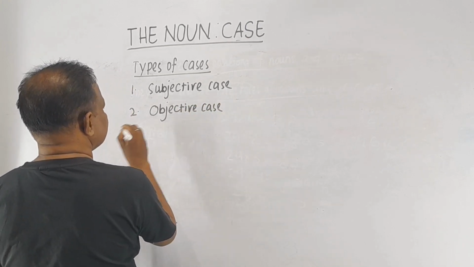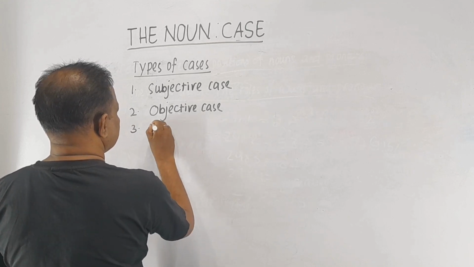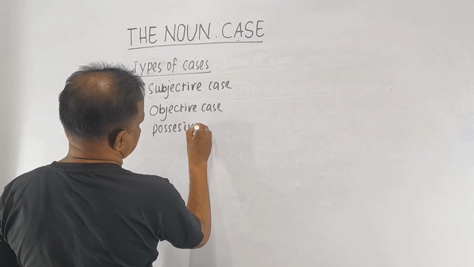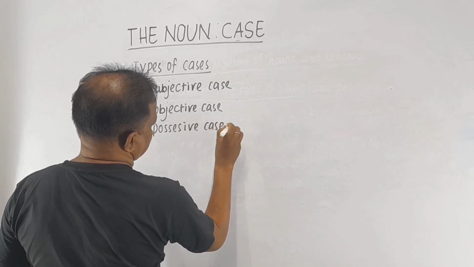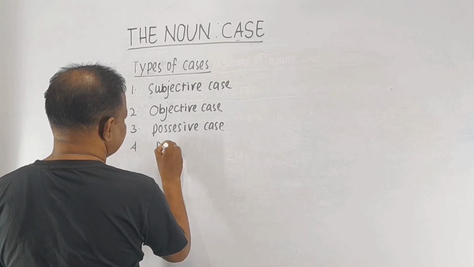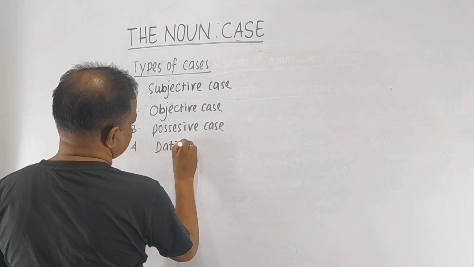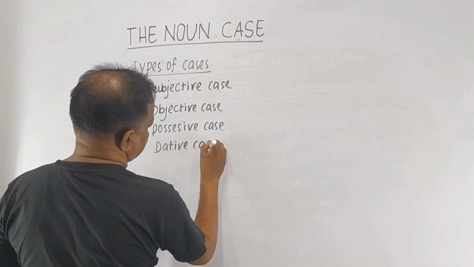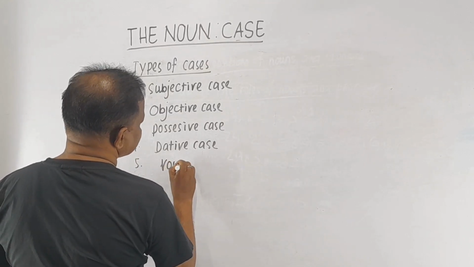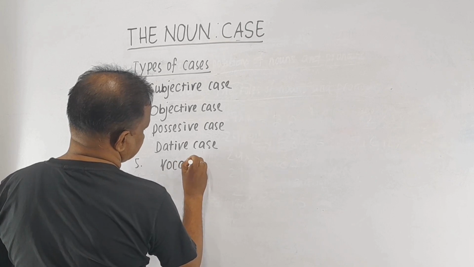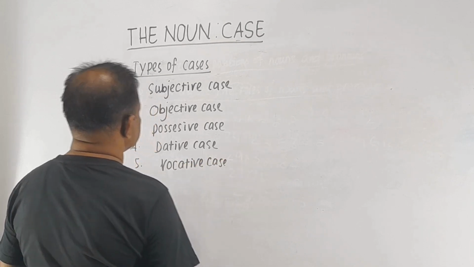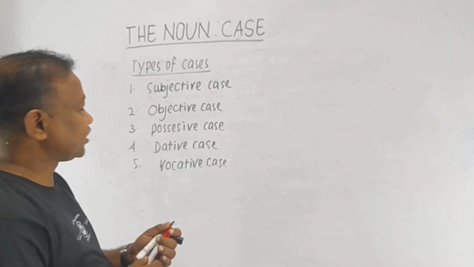Case number 3 is possessive case. Case number 4 is dative case. Case number 5 is vocative case. Okay, these are the 5 cases of nouns.